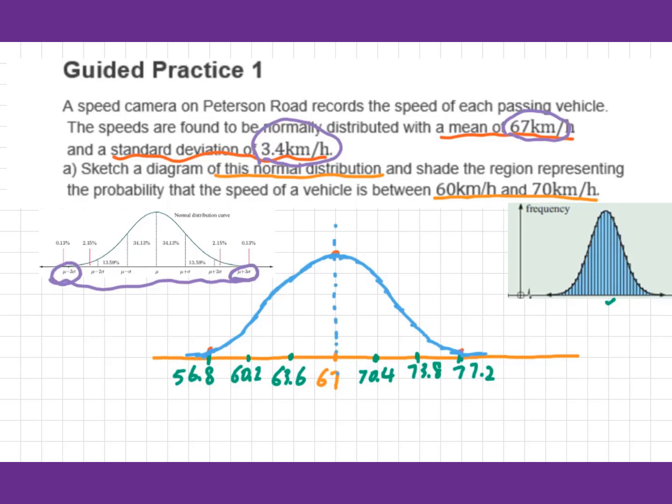I'm looking for the probability from 60 to 70. I will check where the 60 is. 60, it's here. Very close here. And 70, it's here.